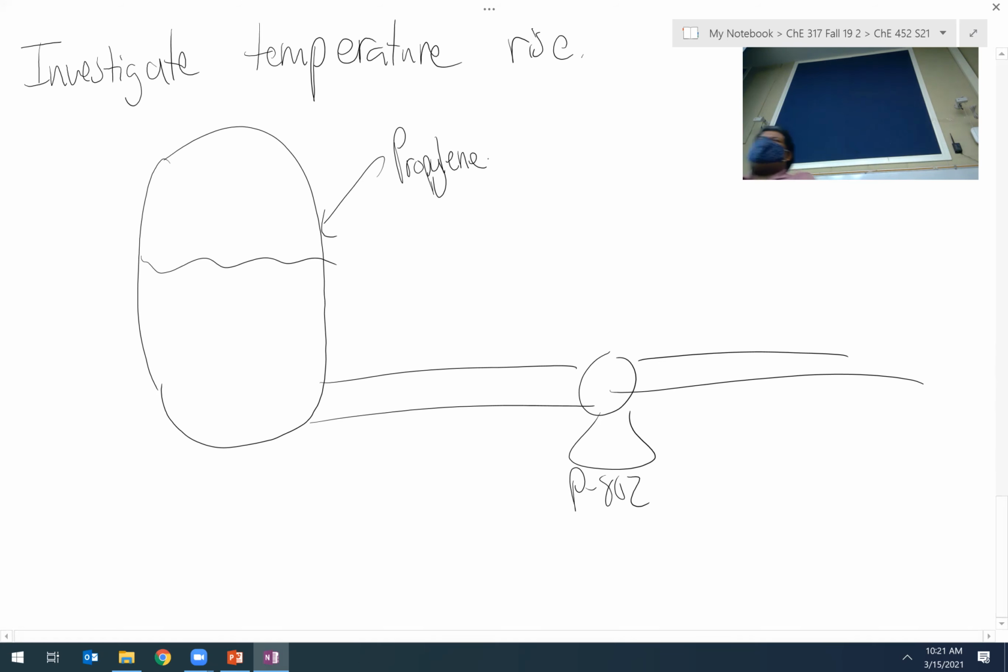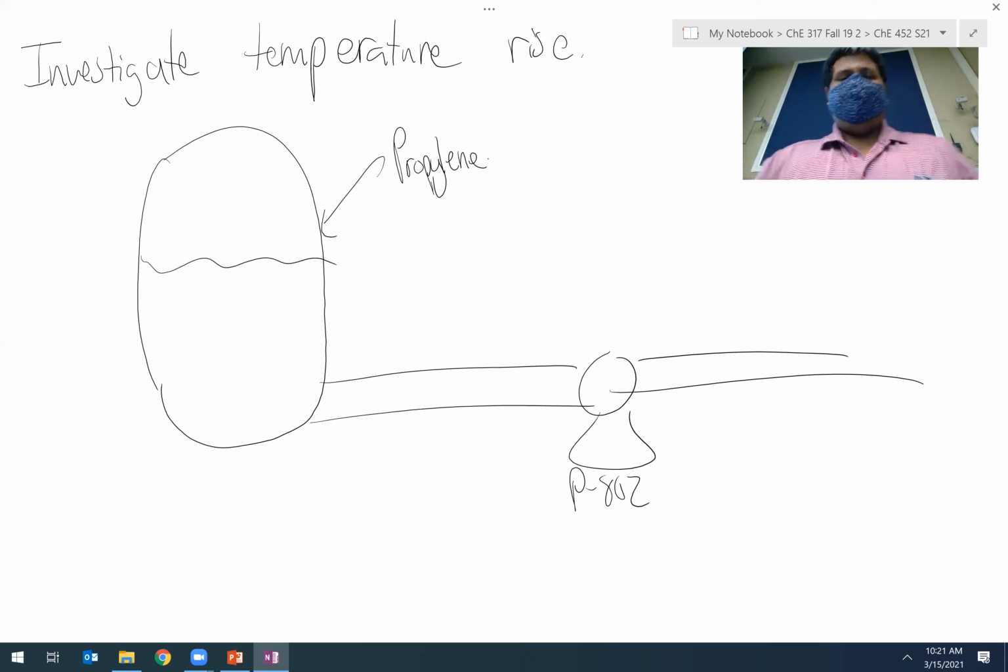And the propylene is stored in a vessel and it contains a liquid at equilibrium with vapor above it, right? So it's sitting in as a saturated liquid.